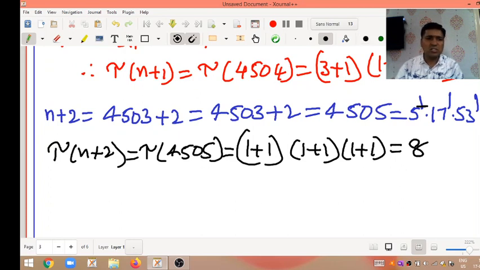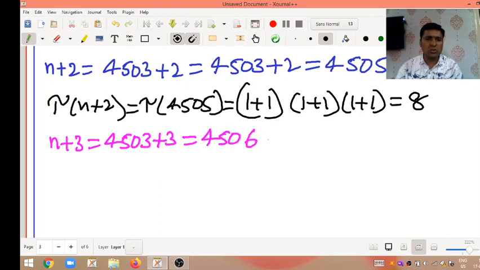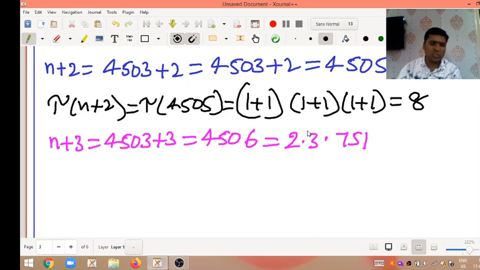Okay, my dear students, next one, what do you want to check? n plus 3 we want to check. So 4503 plus 3 is nothing but 4506. Again, 4506 converted into a prime factorization as 2 into 3 into 751. Here 751 itself is a prime, so we must stop there.